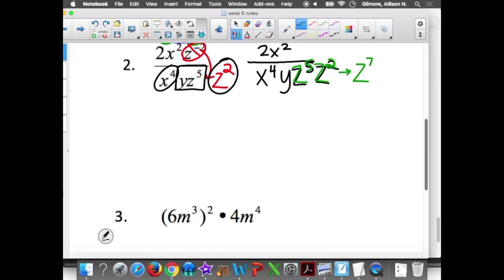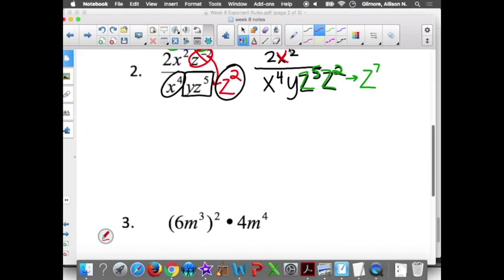We also can look at x squared and x to the 4th. X squared over x to the 4th means we're going to have x to the 2 minus 4. X to the 2 minus 4 is going to be x to the negative 2nd power. That's going to go in our denominator without the negative.